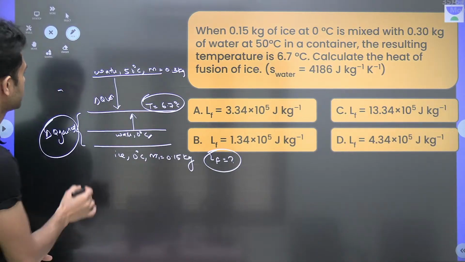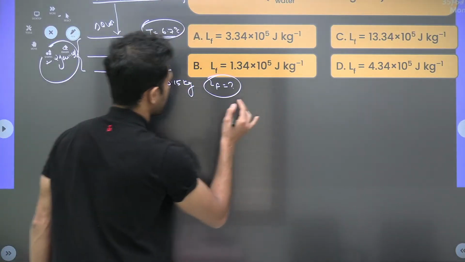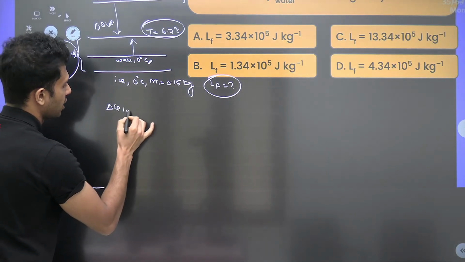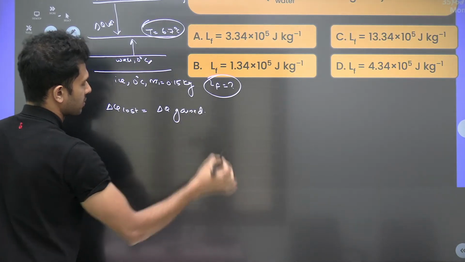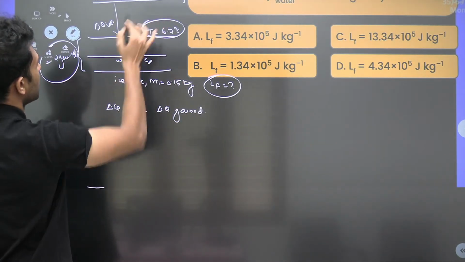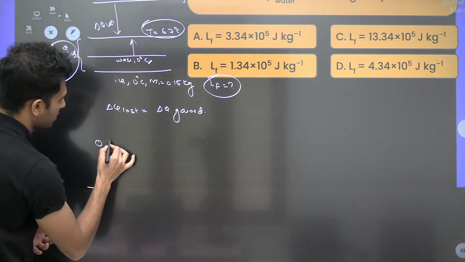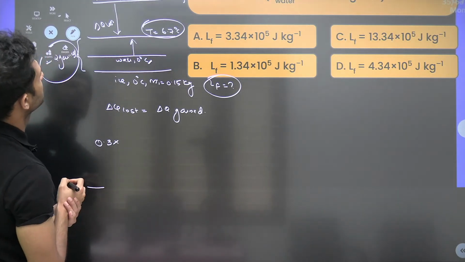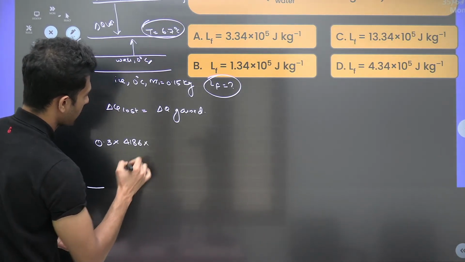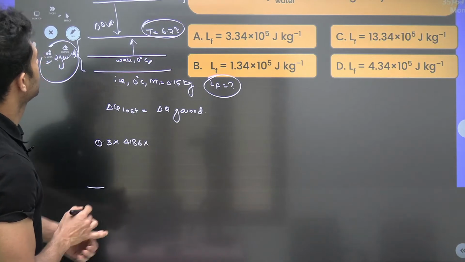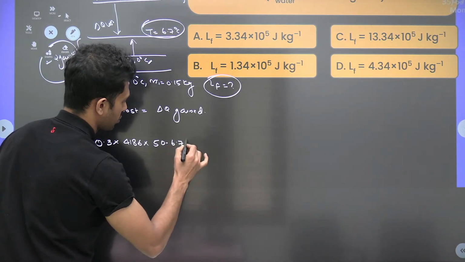So by using which concept? Our calorimetry concept. Heat energy lost, we'll write here. Delta Q lost will be equal to delta Q gained. Who is losing? It is water at 50 degrees Celsius, and the amount lost is equal to mass of water, that is 0.3, into specific heat capacity of water, given as 4186, into change in temperature. It was 50, now it became 6.7, so the change is 50 minus 6.7.